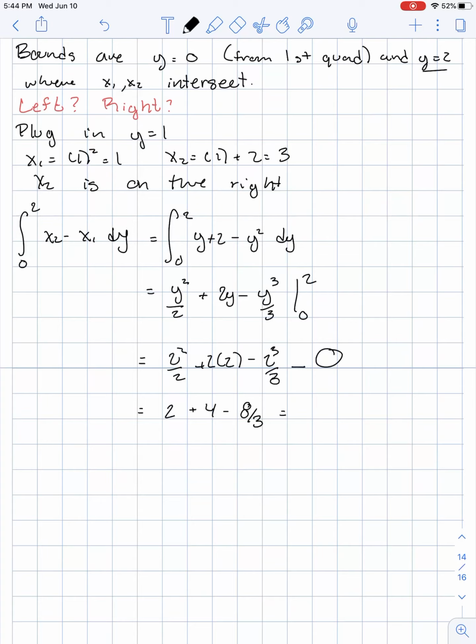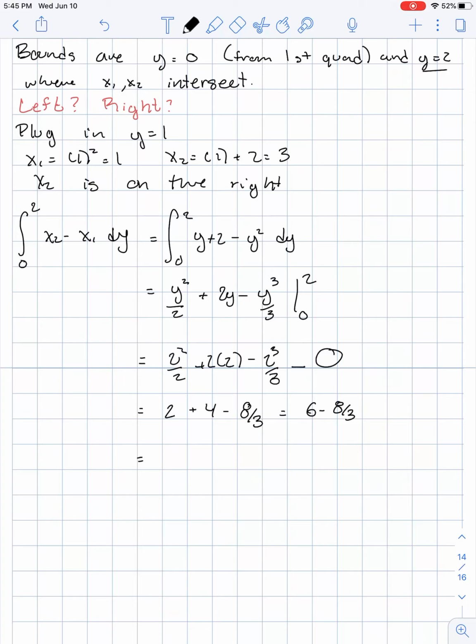So what's that going to be? 6 minus 8/3, which I just want to double check that it's 10/3, which is what we got earlier. 3 times 6 is 36 minus 8.